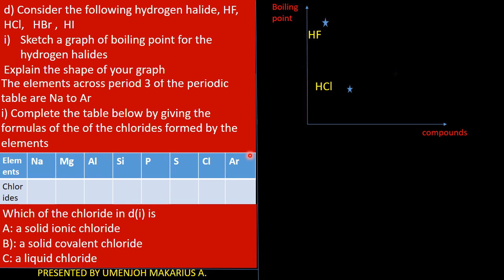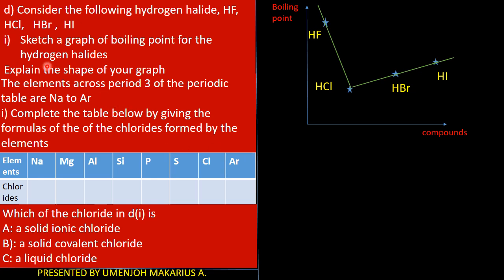Then we locate hydrogen bromide up here and name it hydrogen bromide. Then we locate the last one, hydrogen iodide, and give it the name hydrogen iodide. Good. Now we connect all these points using suitable straight lines. So guys, this is the graph we are to sketch.